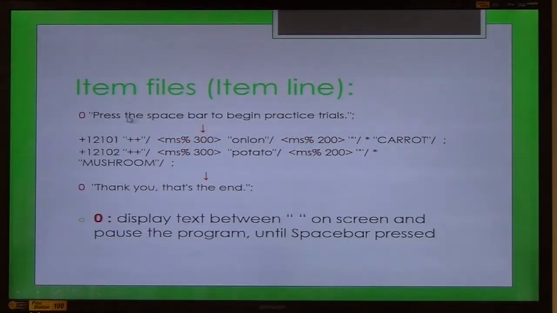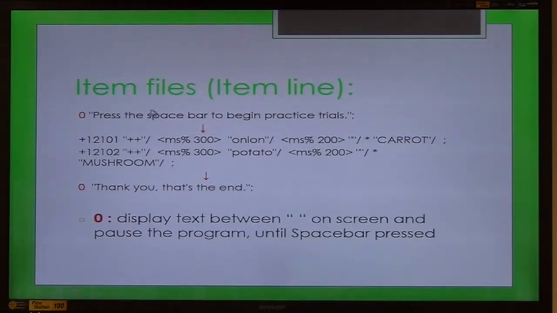When you look at these two sentences, there is a 0 at the beginning, right? A 0 means you are telling the program to display the following text on screen and pause the program. So usually you will use 0 to construct your goodbye message or your instruction.